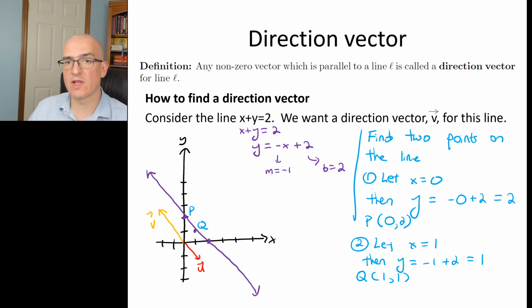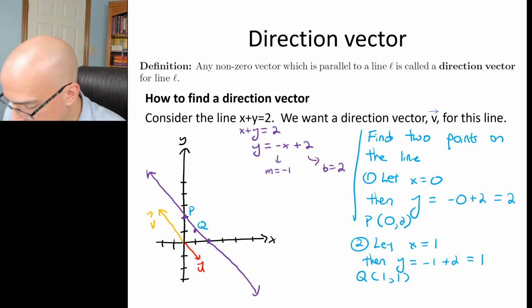So I got 2 points on the line, and then recall from the first week that we can create the vector that is equivalent to the line that connects those 2 points.